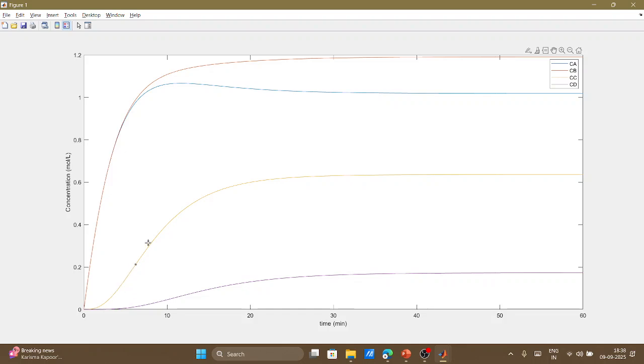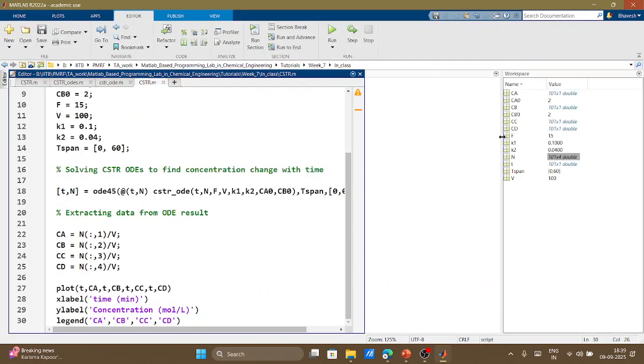Now C also takes part in the undesired side reaction with A and creates a product D. Okay, so this will continue till your reaction achieves a steady state. Once steady state is achieved, which appears to be somewhere around 30 minutes, after that you can see all the concentrations are not varying too much, right? So somewhere between 30 to 40 minutes your steady state has been achieved, and then you get a constant profile. So this is how we see the variation.